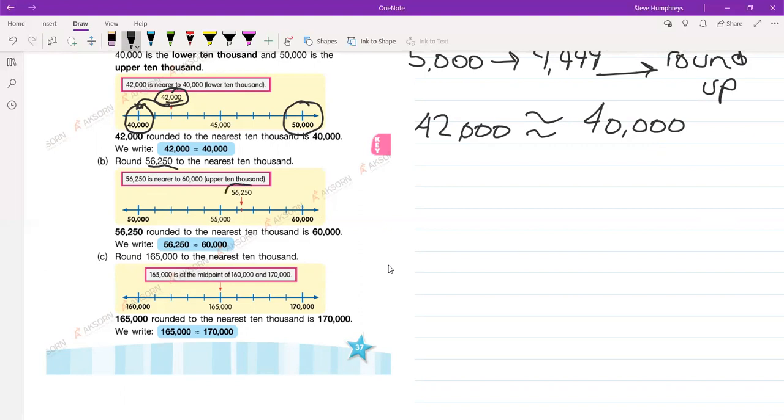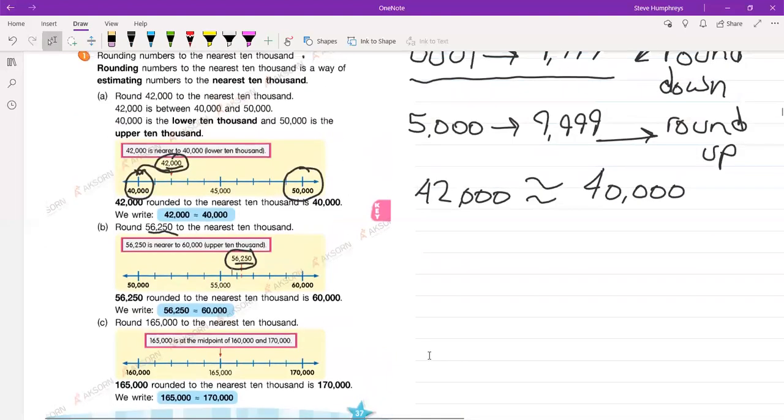There it is there, on the number line. Look at your last 4 digits. 6,250. It's going to be in that range there, isn't it? It's between 5,000 and 9,999. We need to round up.